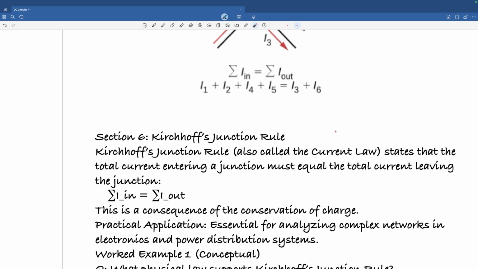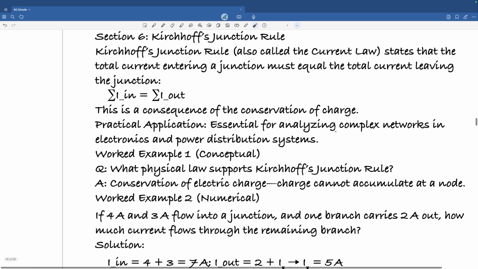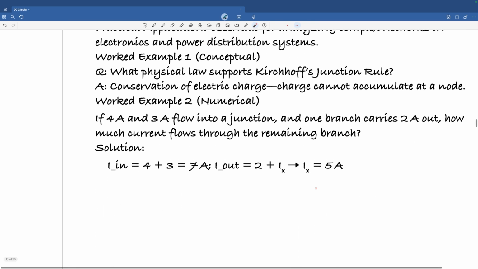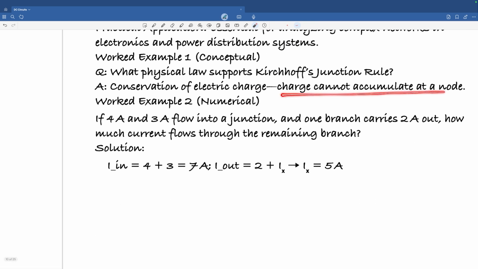Charge coming in is equal to charge going out. That means charge is not created or destroyed. Okay? Again, this junction rule is used for analyzing complex networks in electronics. And I've already told you this is the importance. Charge cannot accumulate at a node. Node is another word for junction.